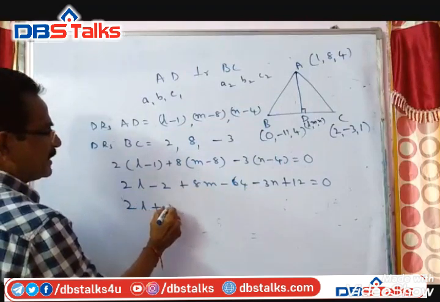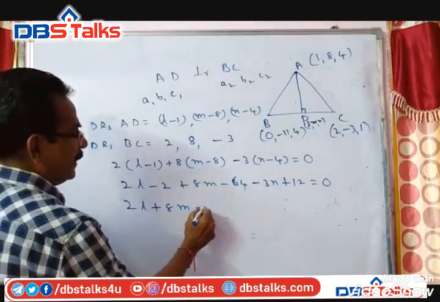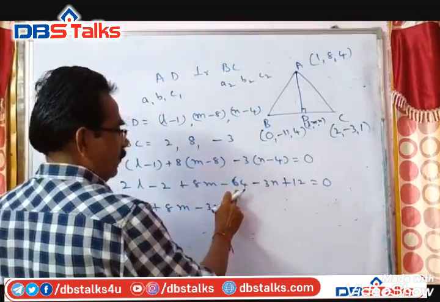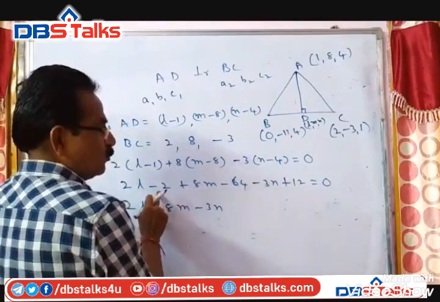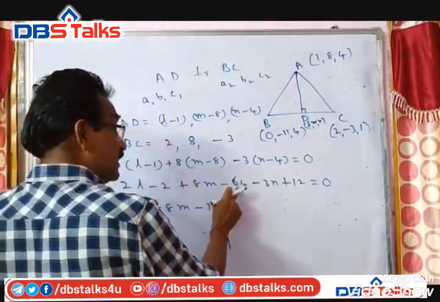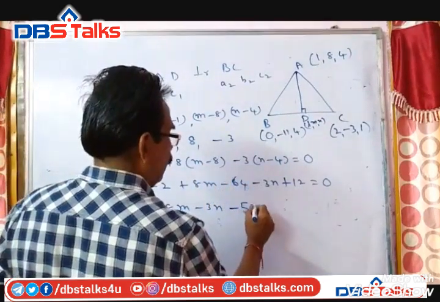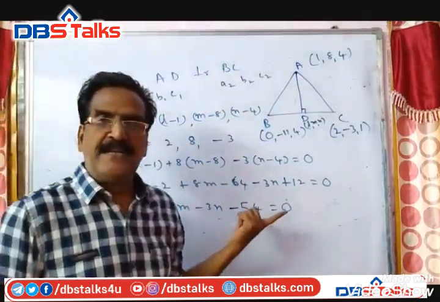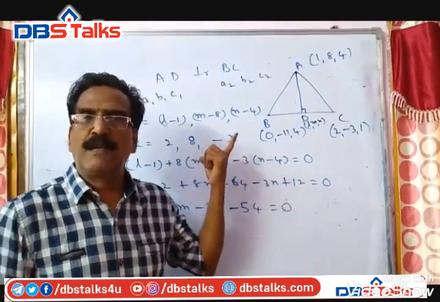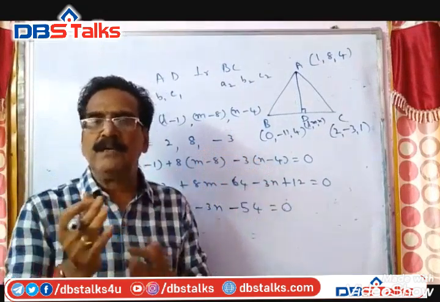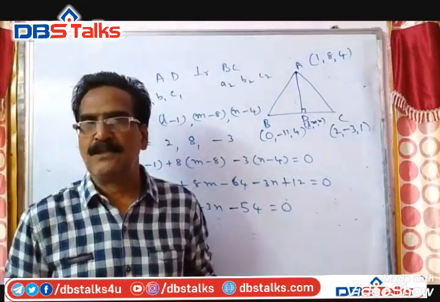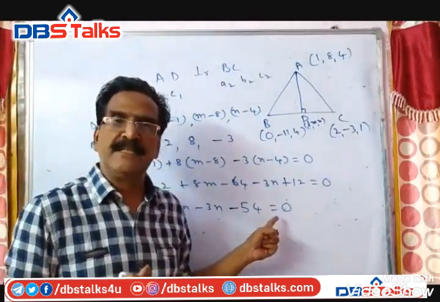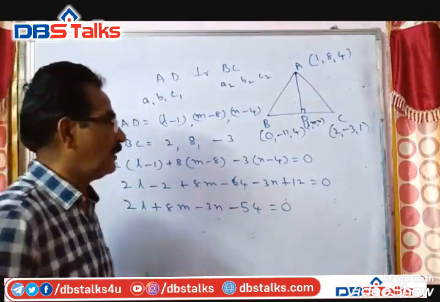So 2L plus 8M minus 3N, and minus 64 plus 12 minus 2 is minus 54, equal to 0. After applying this condition, friends, you go for the answer choices. Which option will satisfy this equation?